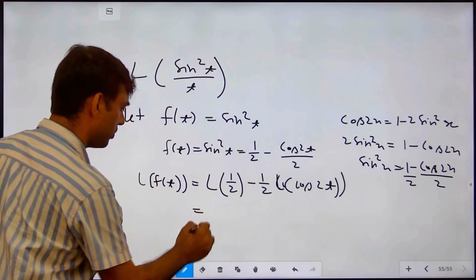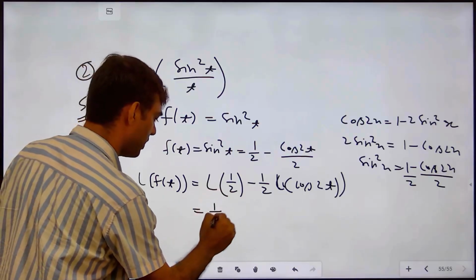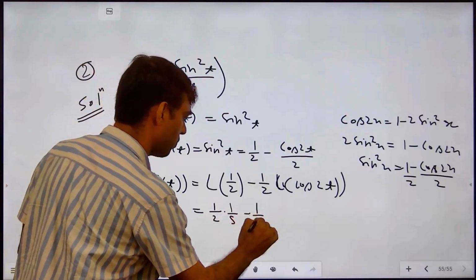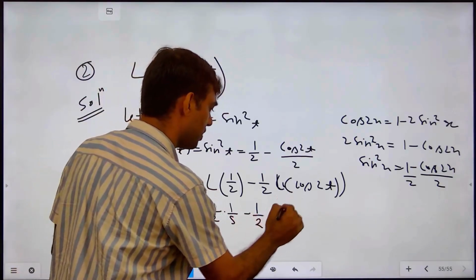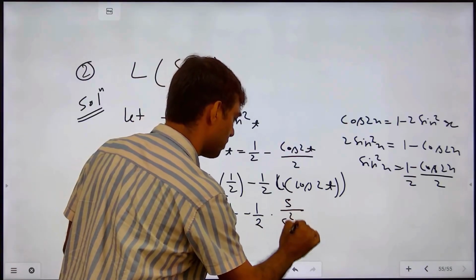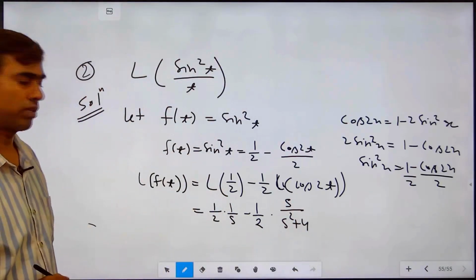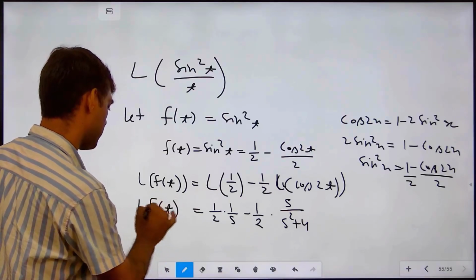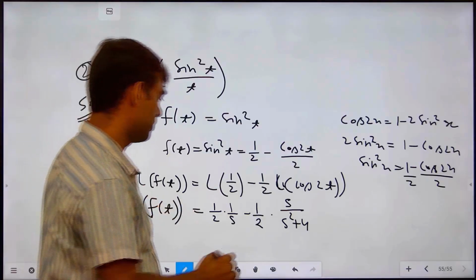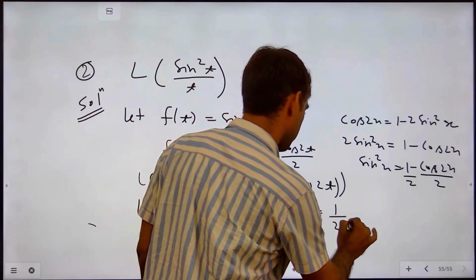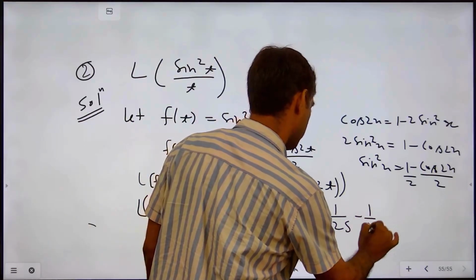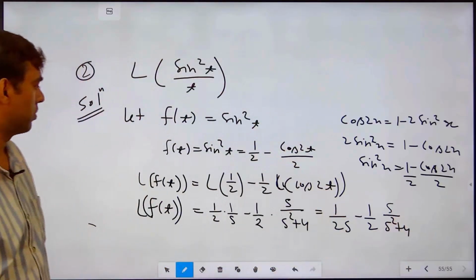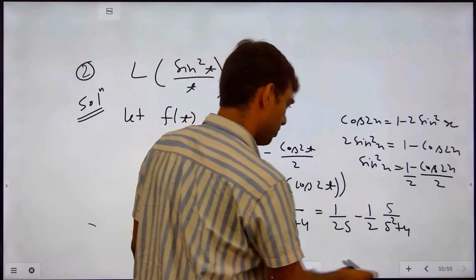Now, we know that this becomes 1 by 2 into the Laplace transform of 1, which is 1 by s, minus 1 by 2 times the Laplace transform of cos 2t, which is s upon s square plus 4. So, the Laplace transform of f(t) becomes 1 upon 2s minus 1 upon 2 times s upon s square plus 4.